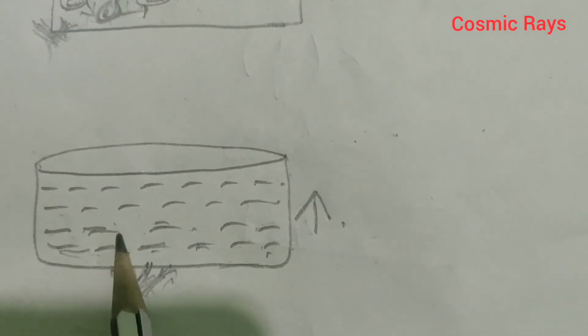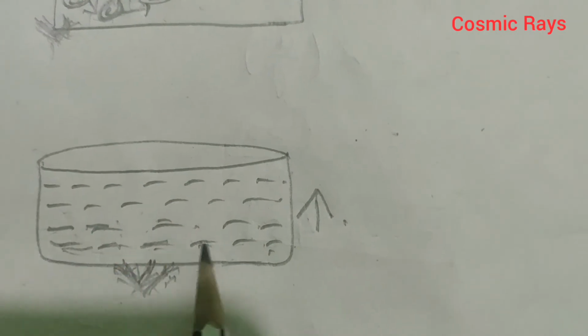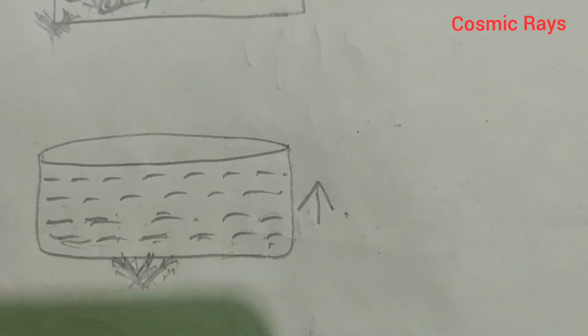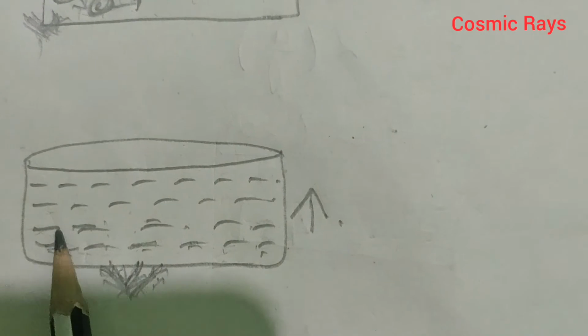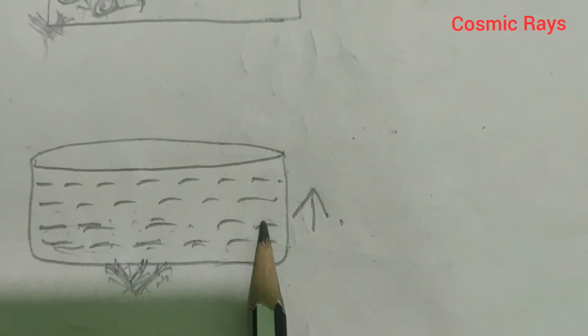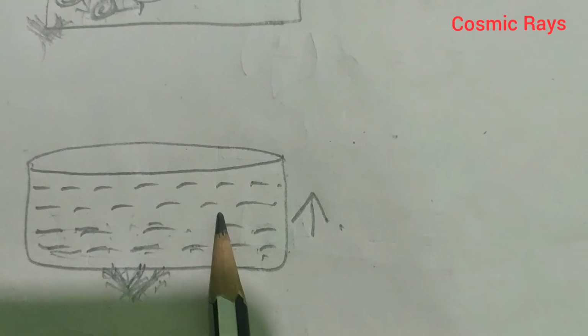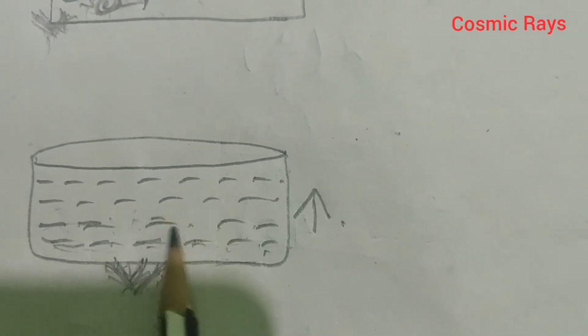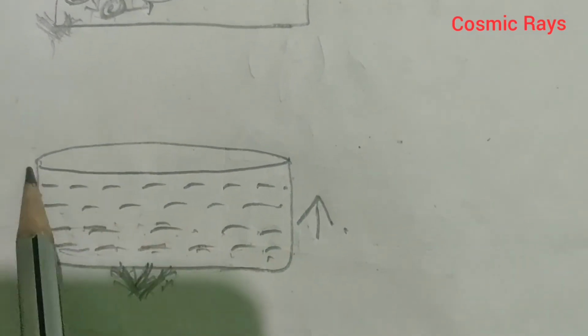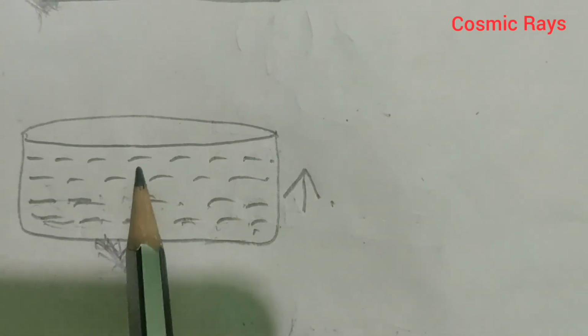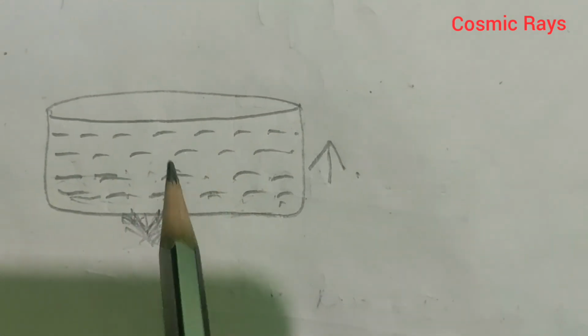Now that layer will be heated up again. Once the heat energy increases, this layer's density will be less and it will go up. Again the same process will be repeated, and in this way a time will come when heat will be thoroughly transferred throughout the fluid.